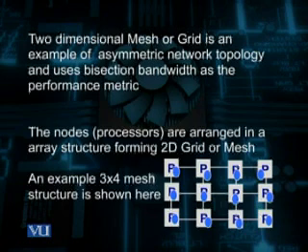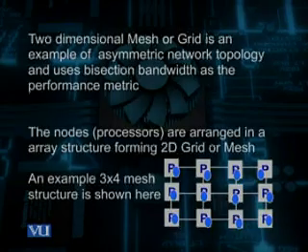The structure of a 2D mesh is shown over here. Here you can see that the nodes or the processors are arranged in a two-dimensional array structure. For example, the shown structure is a 3 by 4 mesh.